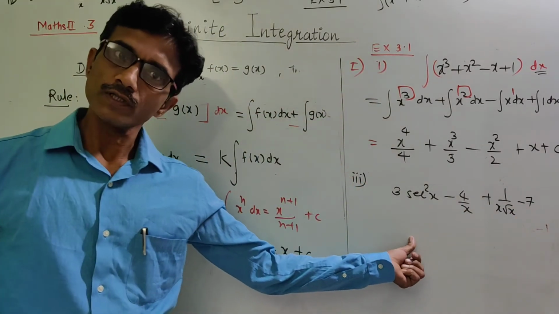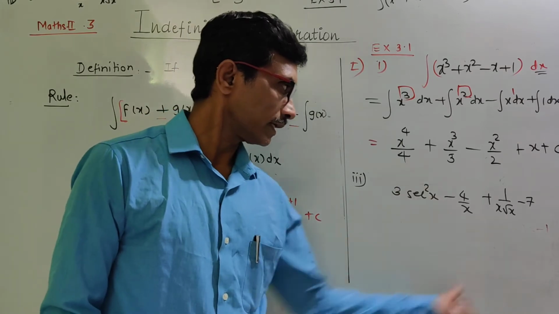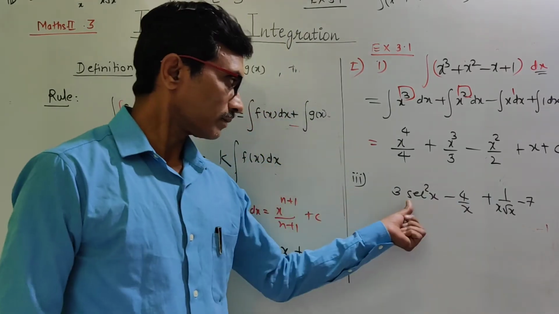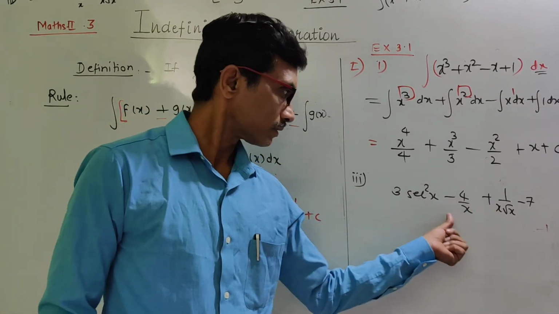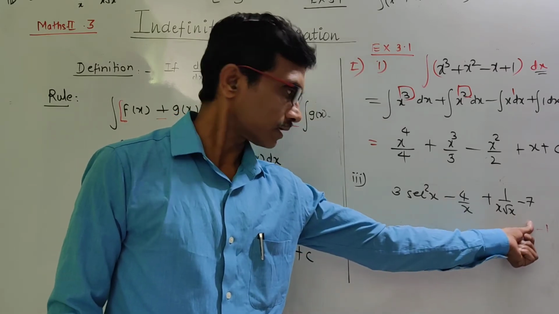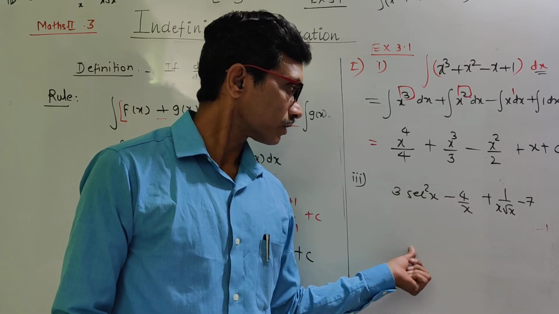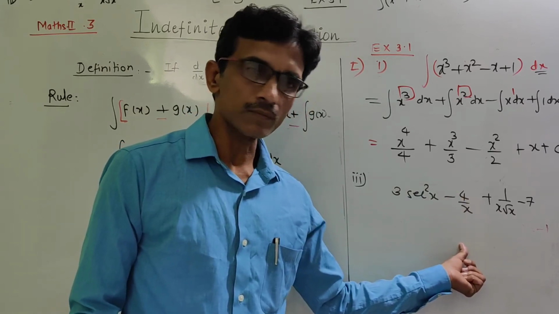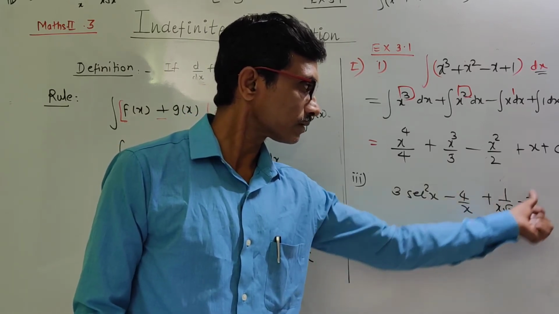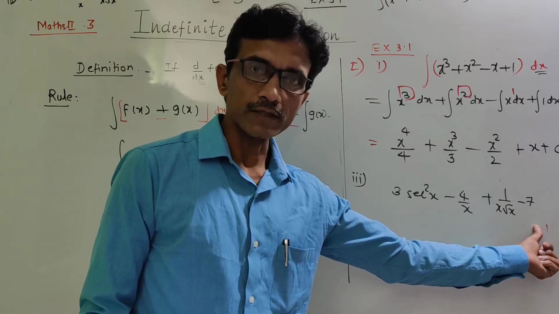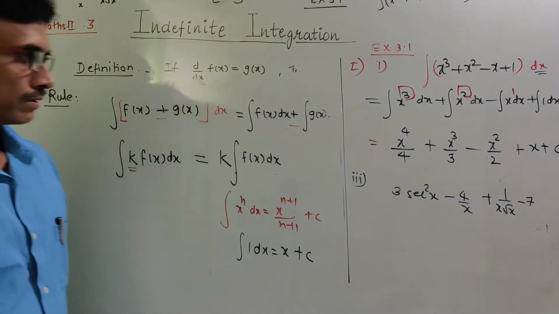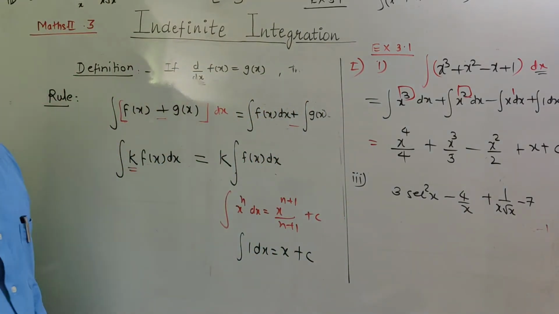We integrate this with respect to x, मतलब we put in the integration sign. फिर बाद में sum of two terms or difference of the terms is there. So we write separate integration of this term, then integration of next term, plus integration of another term, and minus integration of the last term.